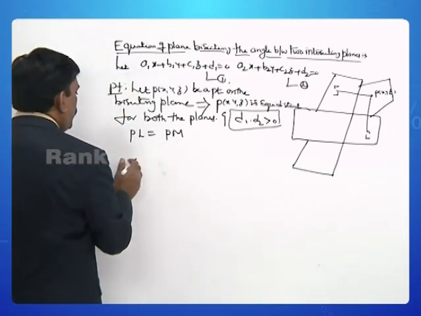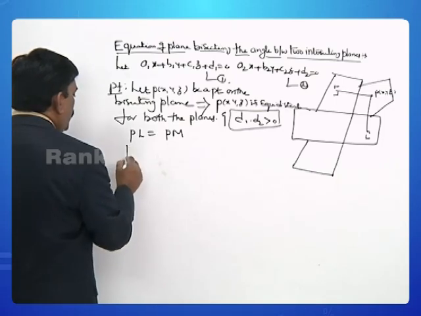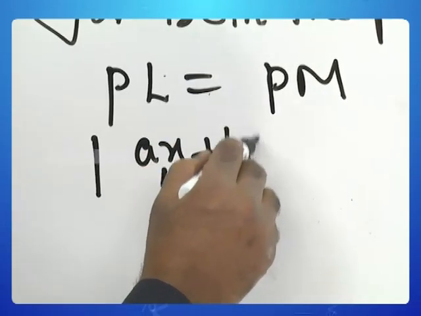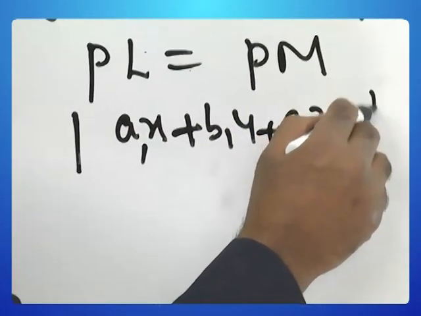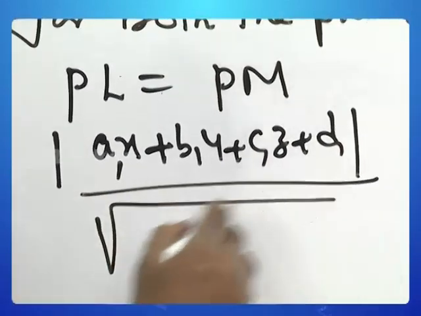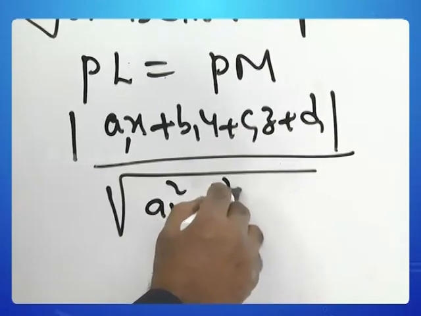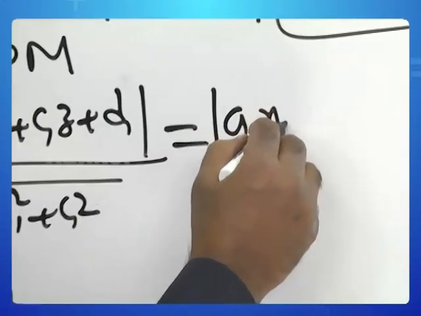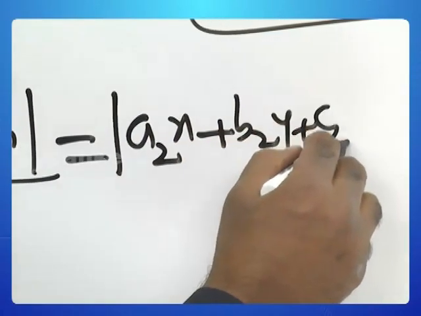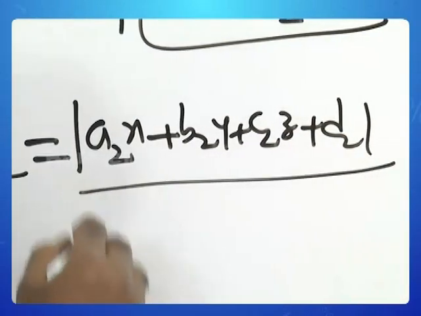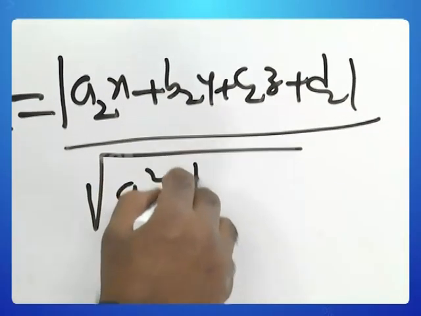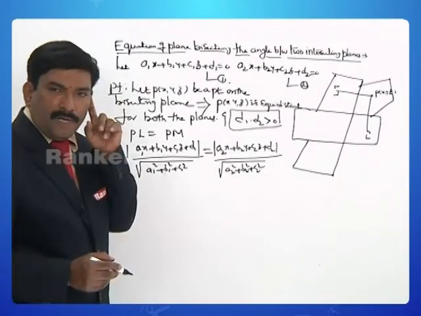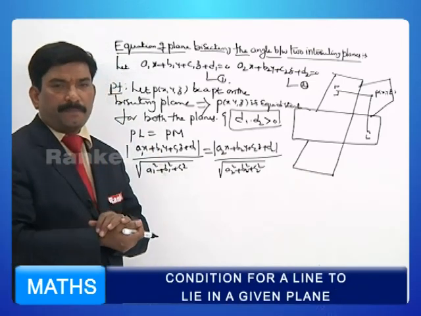Now I can write the perpendicular distances: modulus of A1x plus B1y plus C1z plus D1 divided by the square root of A1 square plus B1 square plus C1 square is equal to modulus of A2x plus B2y plus C2z plus D2 divided by the square root of A2 square plus B2 square plus C2 square. Why? They are equidistant. Followed?